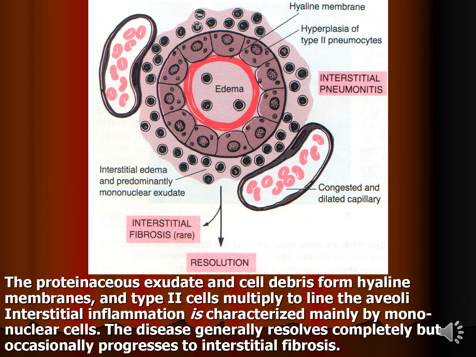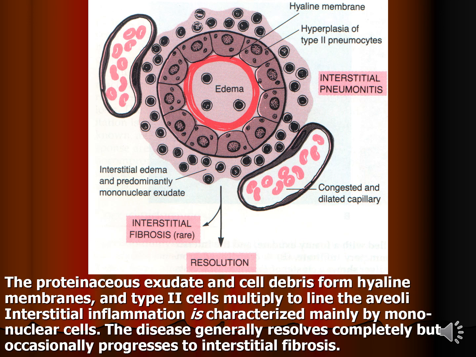Then the proteinaceous exudate and cell debris form hyaline membranes, and type 2 cells multiply to line the alveoli. In this case, here you see the hyaline membrane. We see hyperplasia of type 2 pneumocytes.